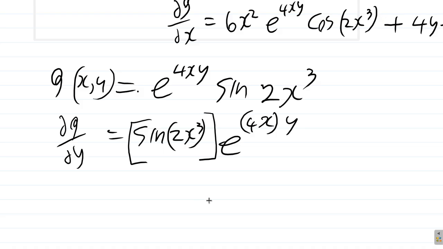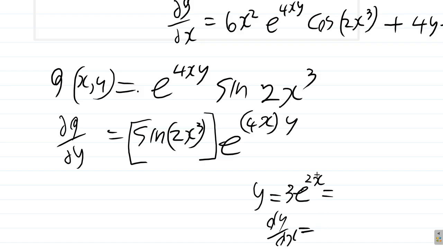Now, suppose you have y equals 3e to the 2x, and you differentiate that. Well, dy by dx would be, use the chain rule, 2e to the 2x, and the 3 would remain.